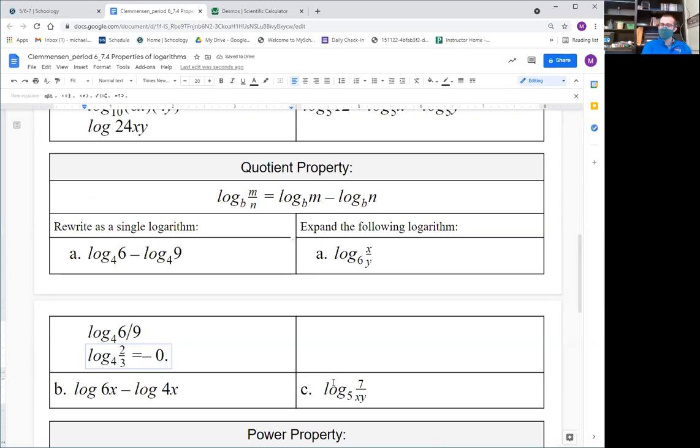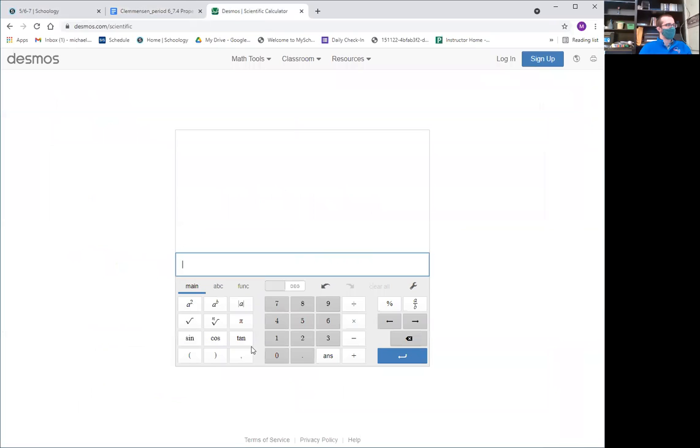Ooh, not quite, but close. It should be 0.292. Let's see how we do that over here. So if I was trying to find this, I would go log of 2/3 divided by log of 4.